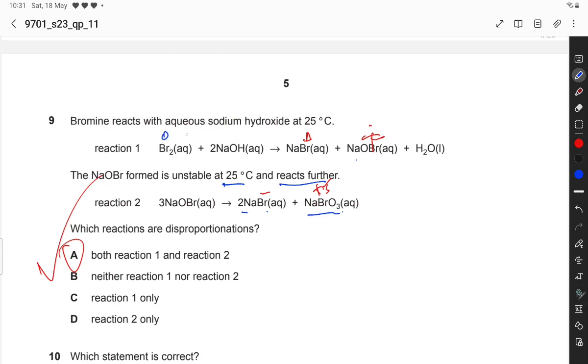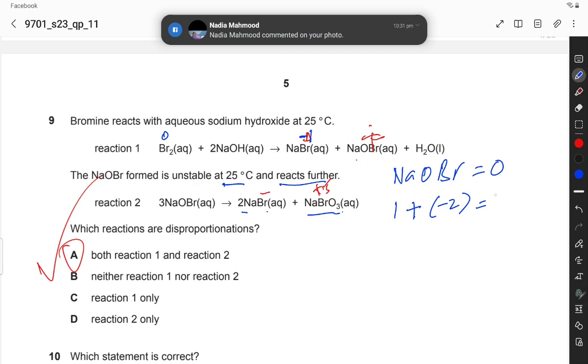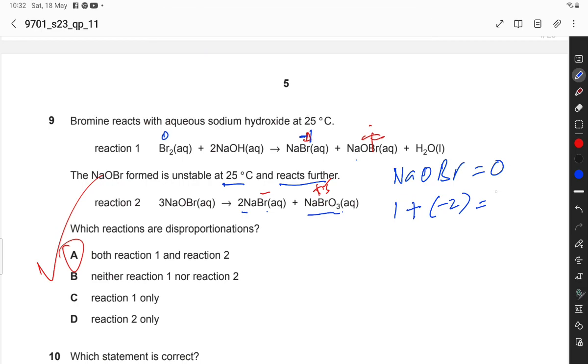So bromine over here is 0, NaBr is minus 1, and NaOBr: 0 = Na +1 plus oxygen minus 2 plus bromine x.